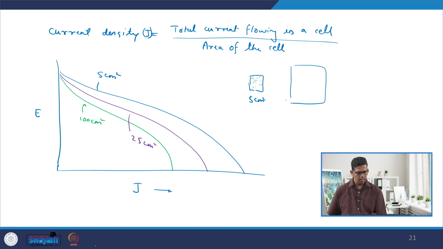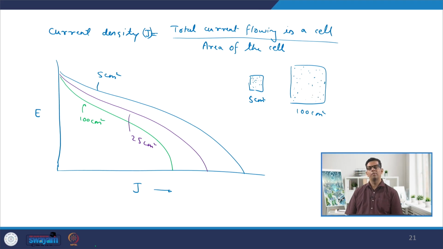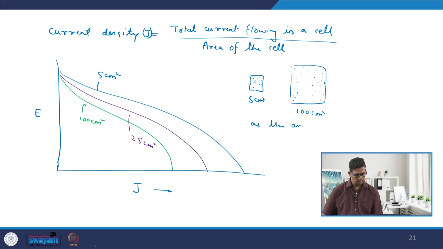However, if I increase the area of the cell, then we have more reaction sites on the electrode, and that ultimately leads to a higher rate of reactions. So, as the area increases, the sites for the reaction increase, and that ultimately leads to more rate of reactions.